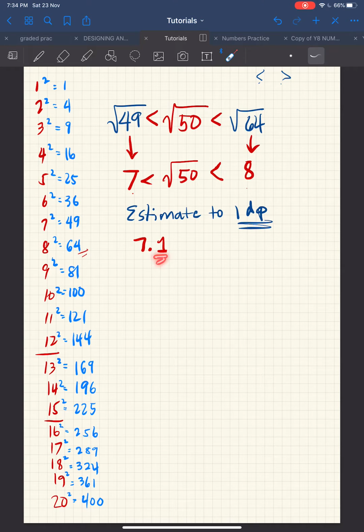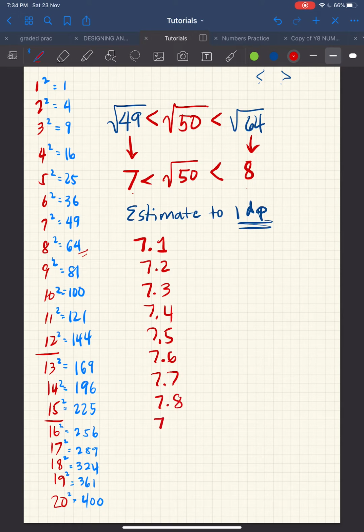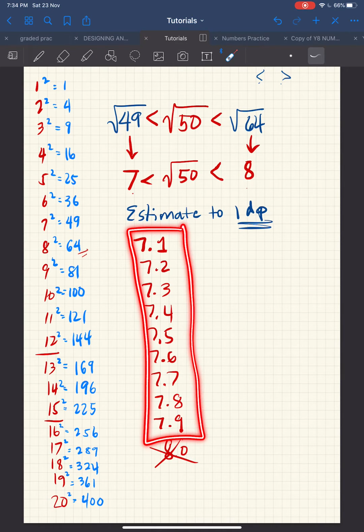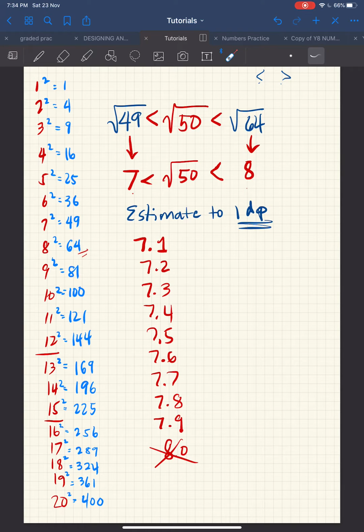So you have a choice: 7.1, 7.2, 7.3, 7.4, 7.5, 7.6, 7.7, 7.8, 7.9. Do I go 8.0? No, because it's less than 8, so it will not reach 8. These are your only choices, 7.1 to 7.9.